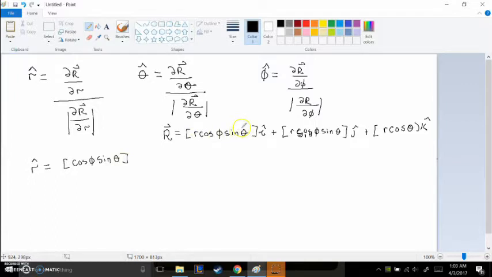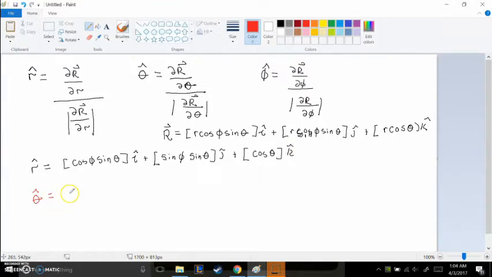We're doing it to this piece right over here in the i direction, plus this one still with respect to r, so sine phi sine theta in the j direction, plus cosine theta in the k direction.